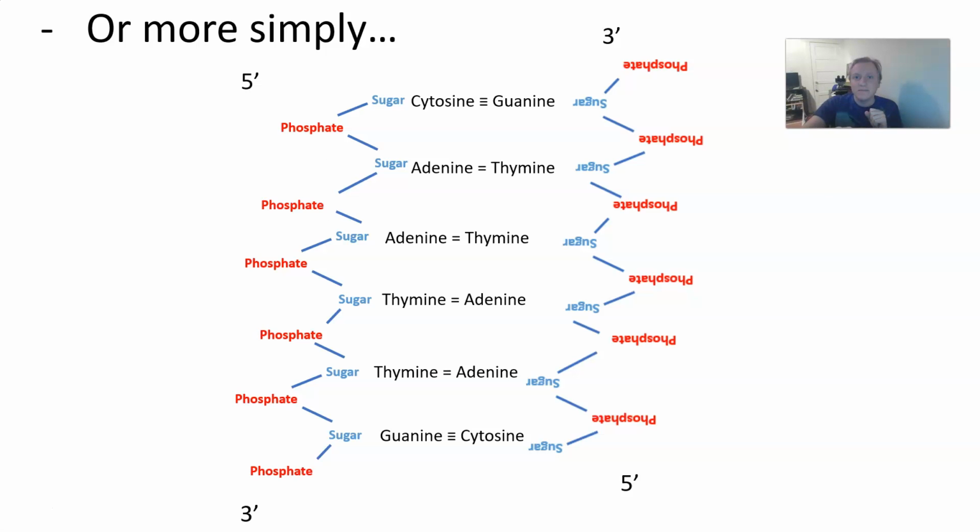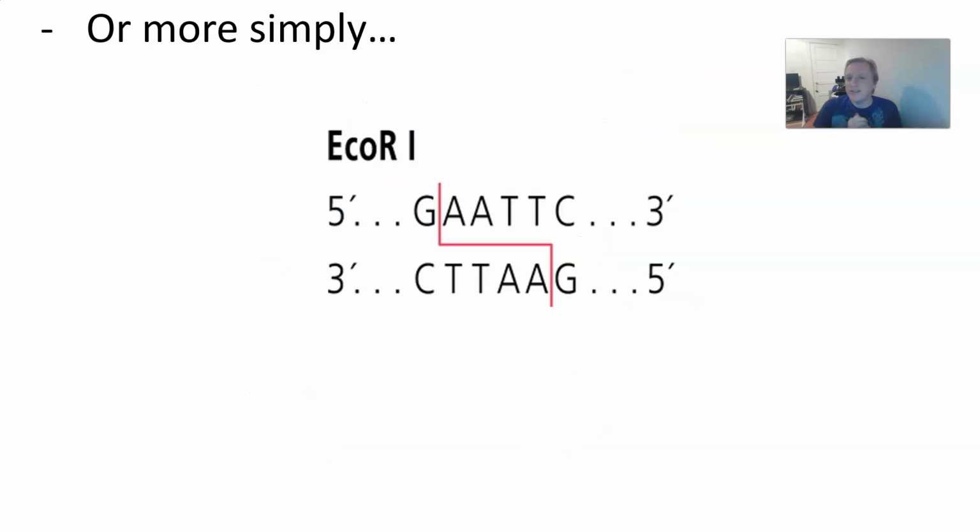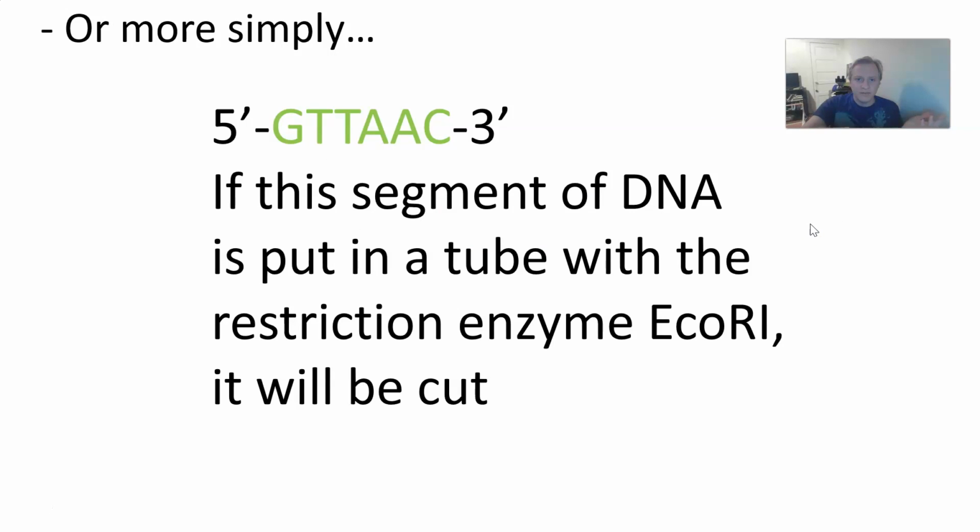There we go, that's a little bit better. So this is a restriction site. We could even simplify this down again if we wanted to. So the restriction site EcoR1 is GTTAAC. Anytime you have that segment of DNA and you have it with a restriction enzyme, the piece of DNA is going to get cut.